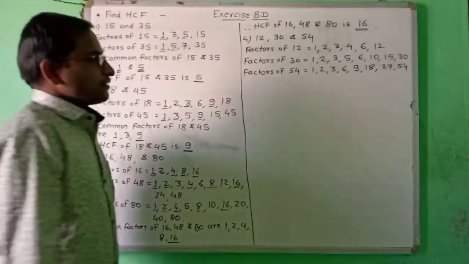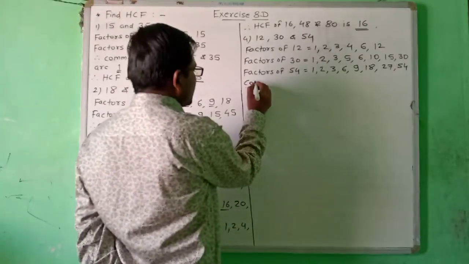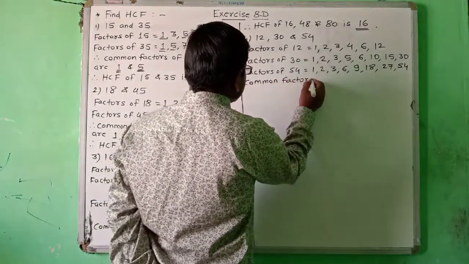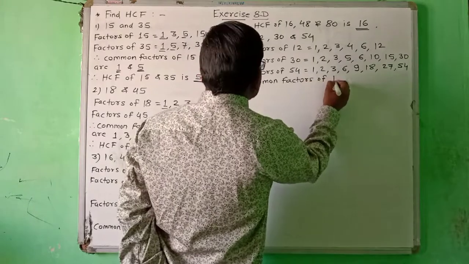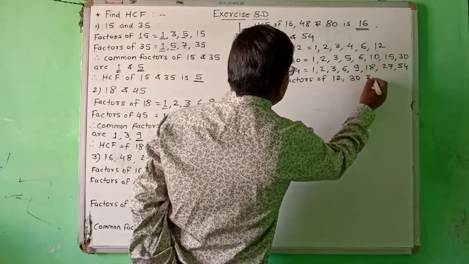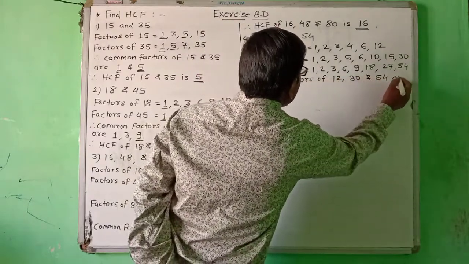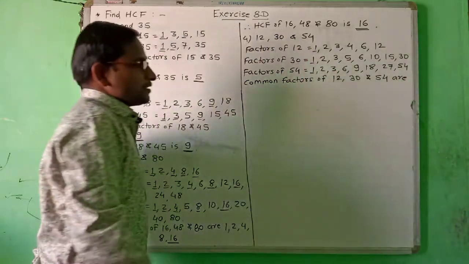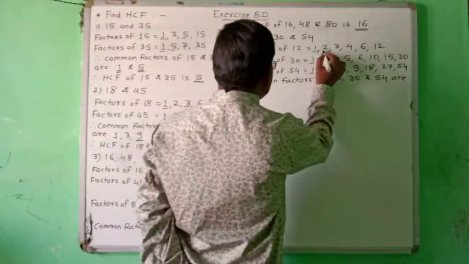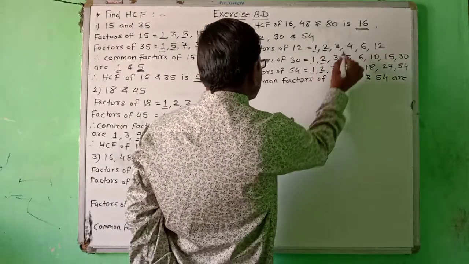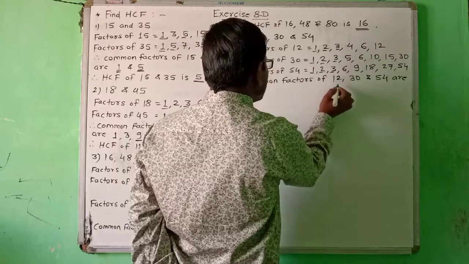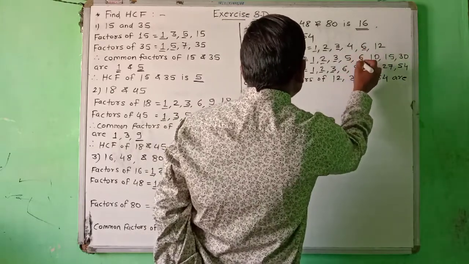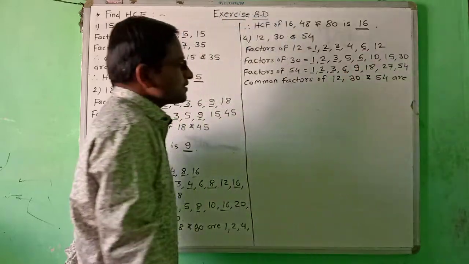And then you write common factors of 12, 30 and 54. 1 is present in all three numbers. Then 2 is also a common factor, then 3, 3, 3. Then 4 and 5 are not present, but 6 is present in all three numbers: 6, 6, 6.